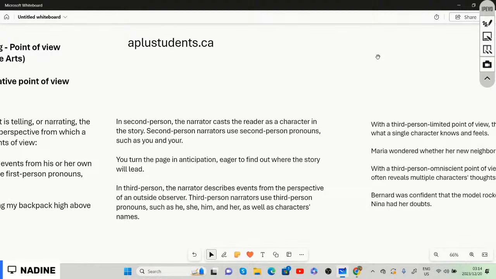So in second person, we say that the narrator casts the reader as a character in the story. And second person narrators use second person pronouns. And second person pronouns are words such as you and your.